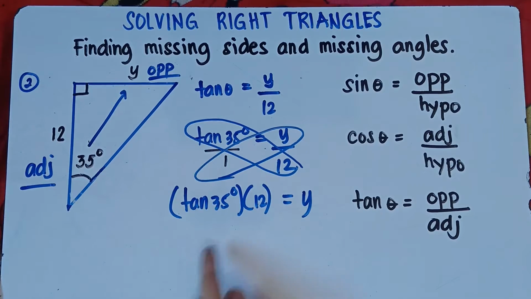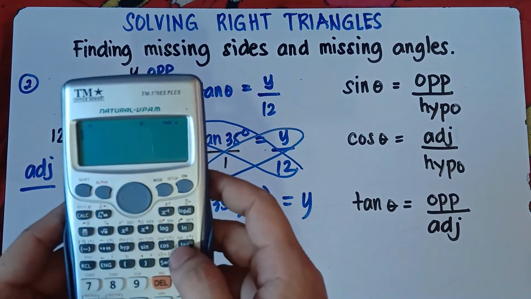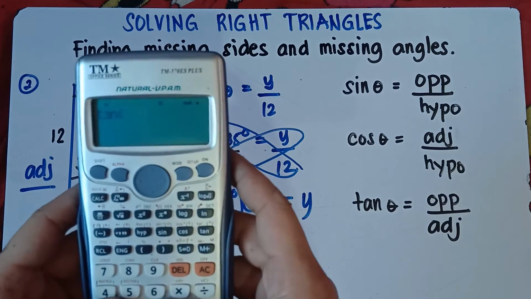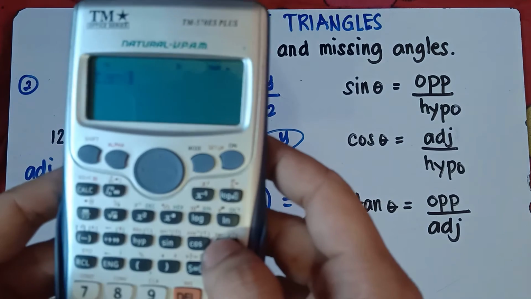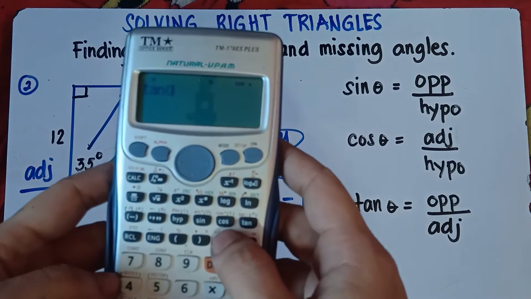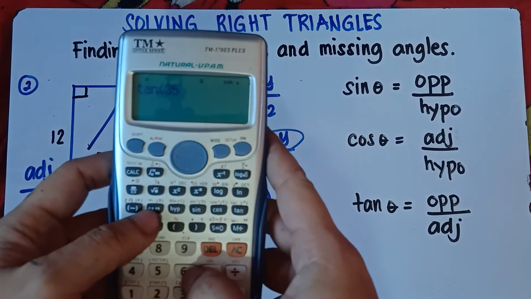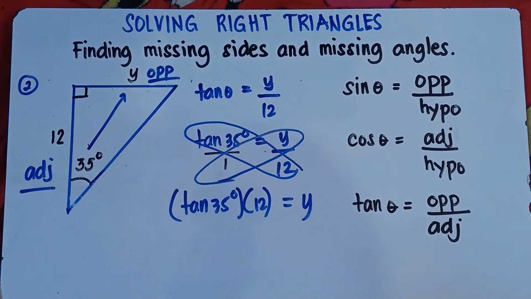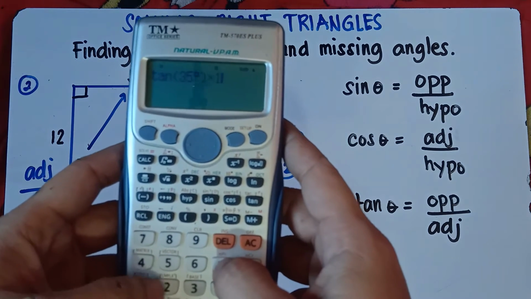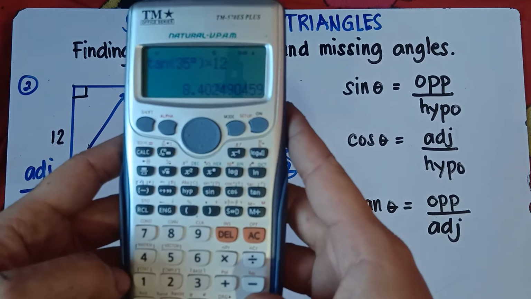Let's use the calculator: tangent 35 degrees, close parenthesis, times 12 is equal to 8.40.